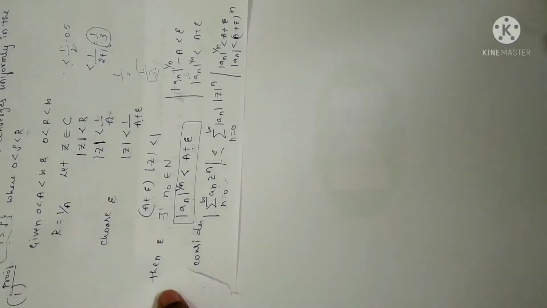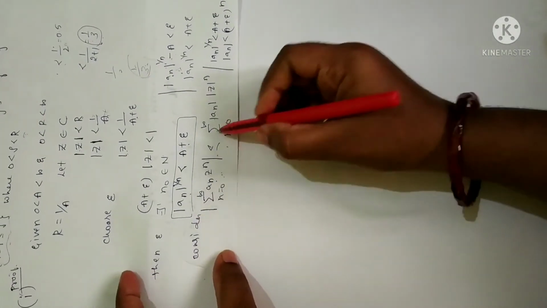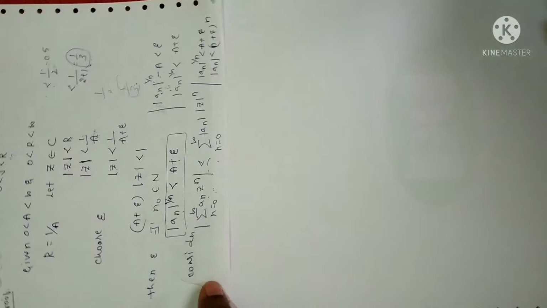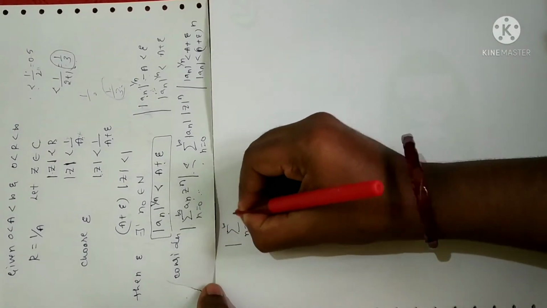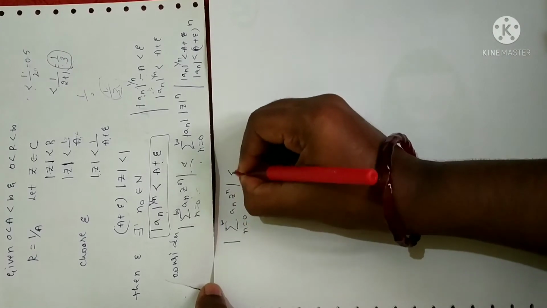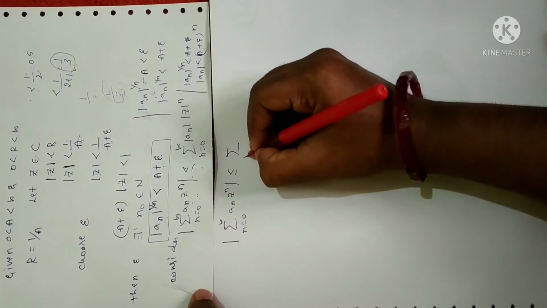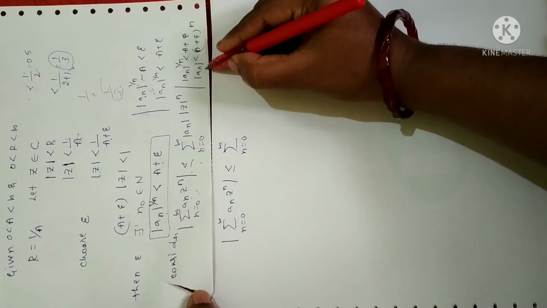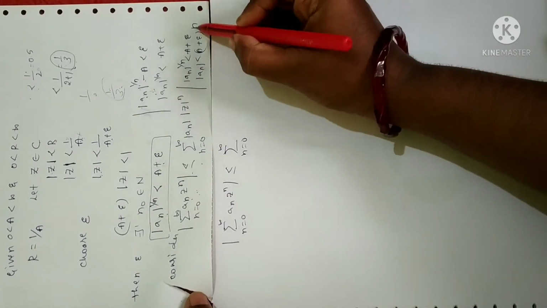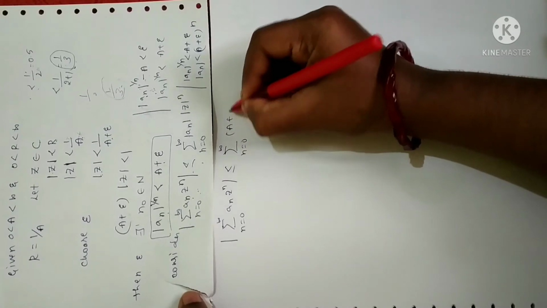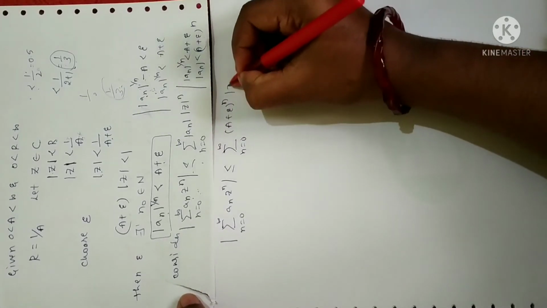Let me write the LHS as it is: summation n equal to 0 to infinity an into z power of n, which is less than or equal to the summation n equal to 0 to infinity. From this equation, the magnitude of an can be written as a plus epsilon power of n. So a plus epsilon power of n, and mod z power of n I'll keep as it is.